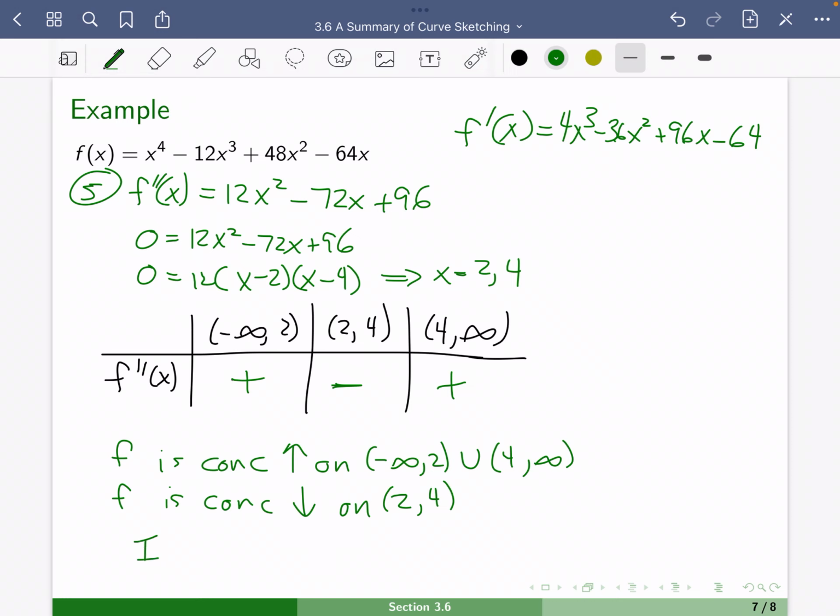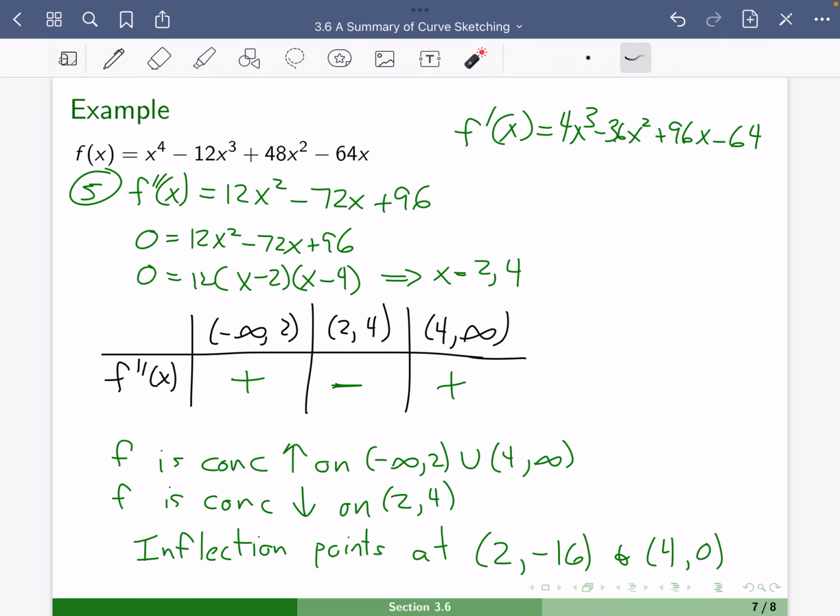We have inflection points at, so when our x value is 2, the y value is negative 16. And when our x value is 4, the y value is 0.